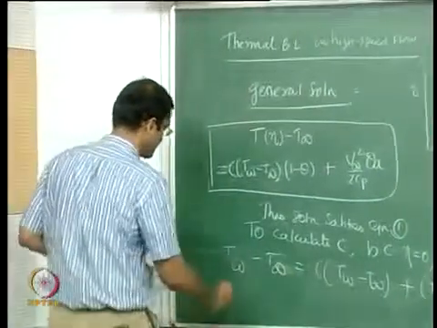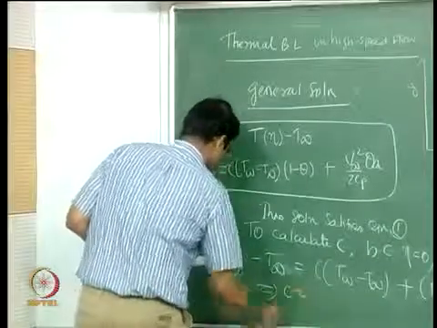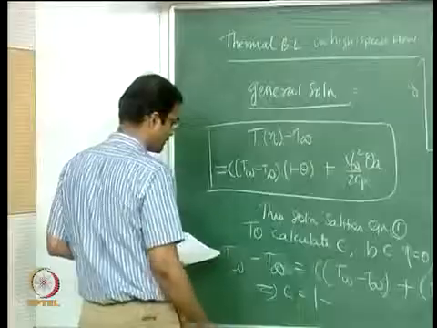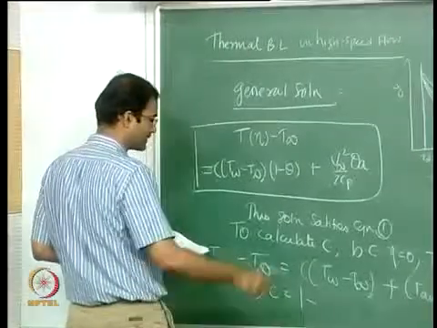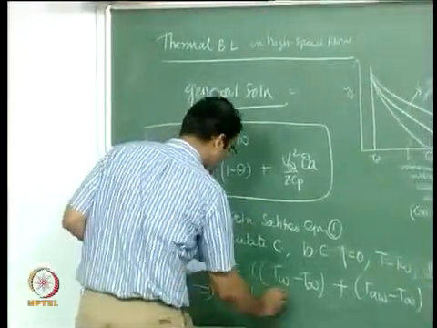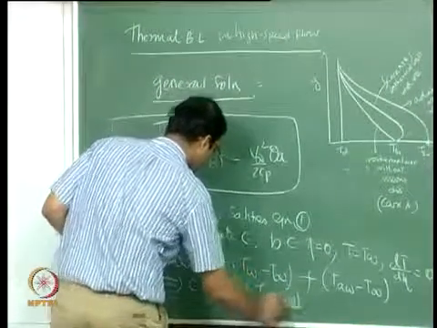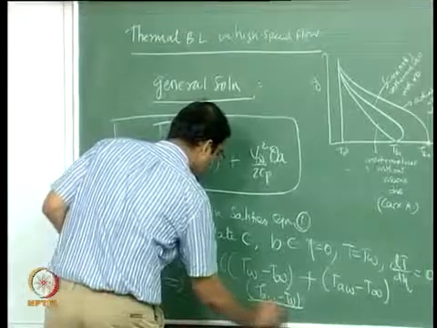So this will give me C equal to what? I can just take this common, so this will be 1 minus C plus is equal to this, so C will be 1 minus T a wall minus T infinity divided by T wall minus T infinity.